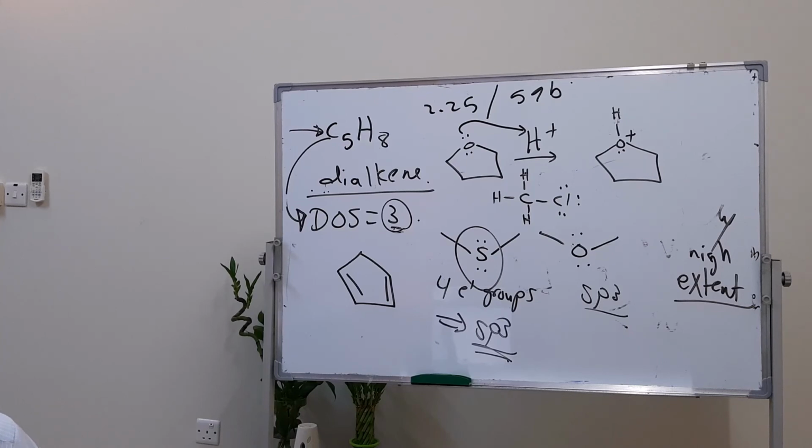The chlorine atom. Exactly. Since it is connected to 4 electronic groups, right away it's sp3. If it is connected to 3, it is sp2. If it's connected to 2, it is sp. That's it. These are all the possibilities we have. It's either sp, sp2, or sp3. That's all we have.